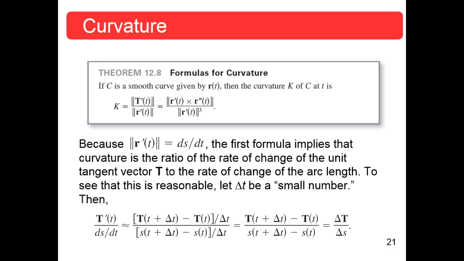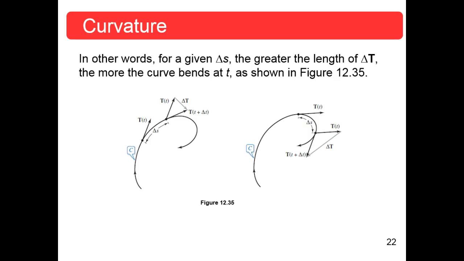In other words, for a given delta s, the greater the length of delta T, your change of the unit tangent vector, the more the curve bends at t, of course, because that's the bigger change of length in your delta there.